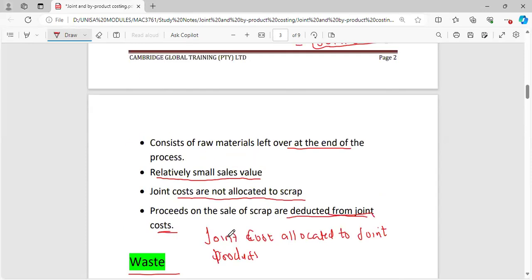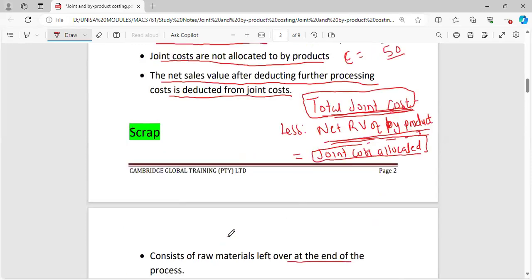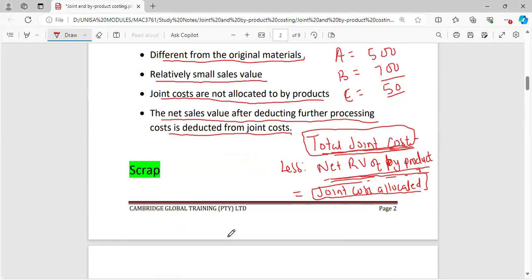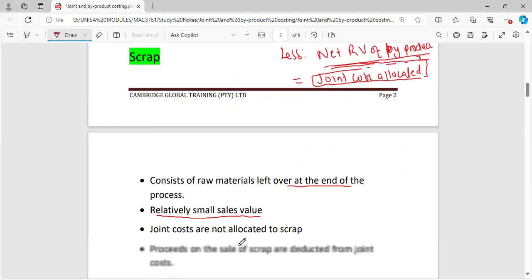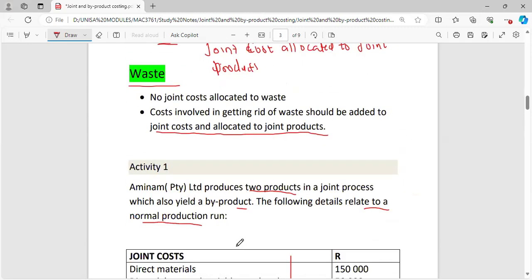So these are the 2 points that we should check. Joint costs are not allocated to byproducts. The net sales value after deducting further processing costs is deducted from the joint cost to arrive at the joint cost allocated to the joint product.